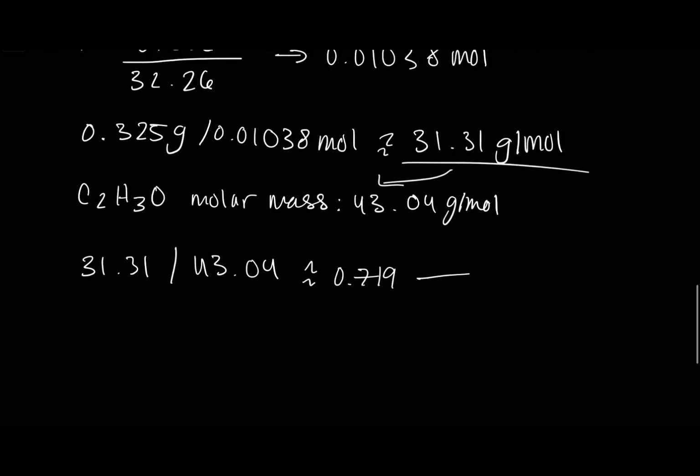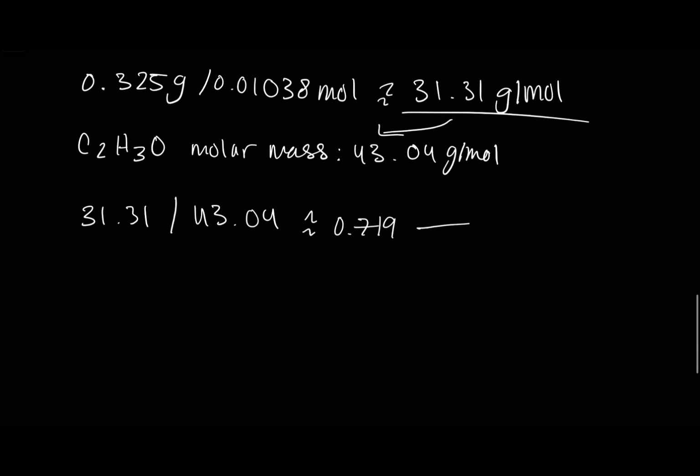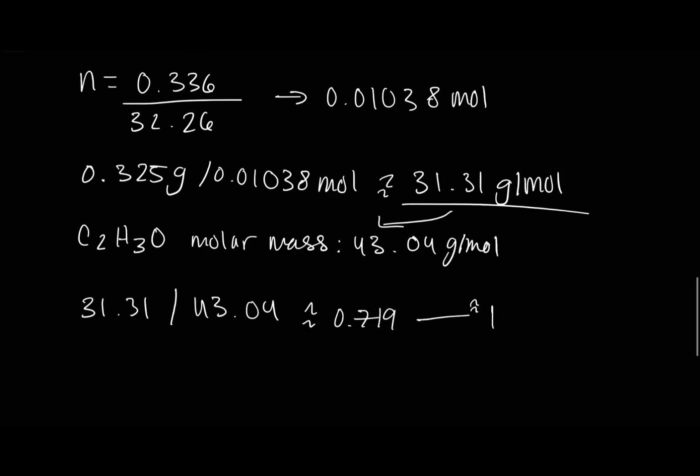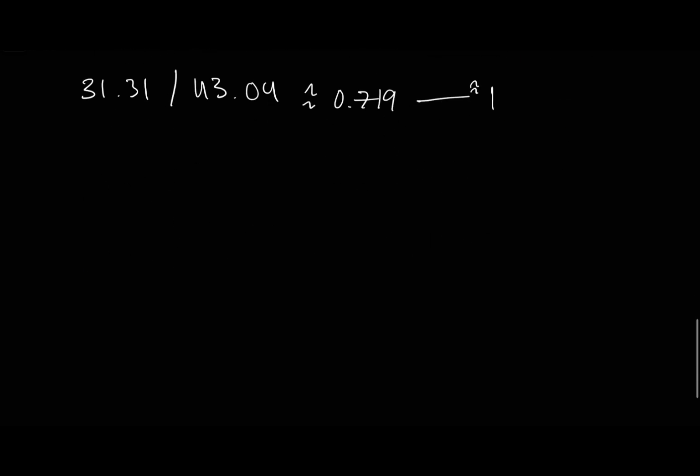But since it is not a whole number, we can assume that it is 1. So our molecular formula will not be changing. It will continue to be C2H3O because you multiply it by 1 and it will not change. So that is our molecular formula for this problem.